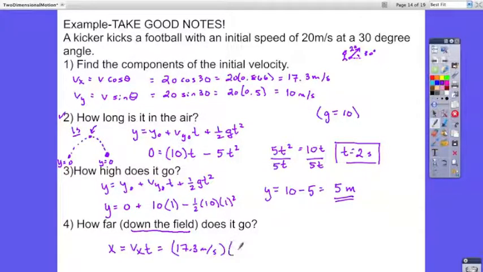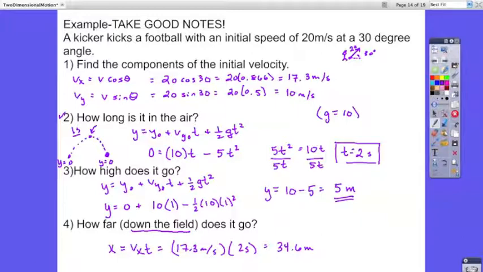The time for the whole trip is 2 seconds. And 17.3 times 2 is 34.6 meters.